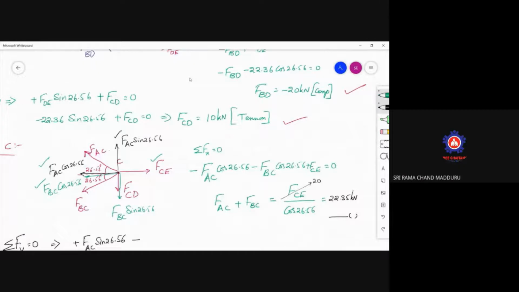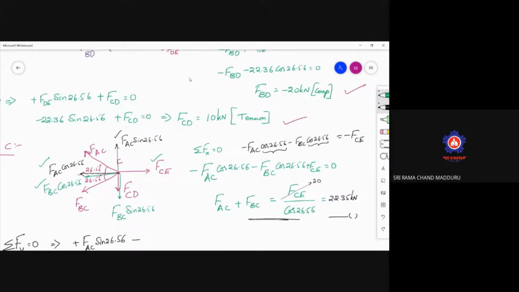So just see the equation. How it will be changed: minus FAC cos 26.56 minus FBC cos 26.56 is equal to minus FCE. What I did is the entire minus in the equation is cancelled. This cos 26.56 is taken common and sent towards the right side.